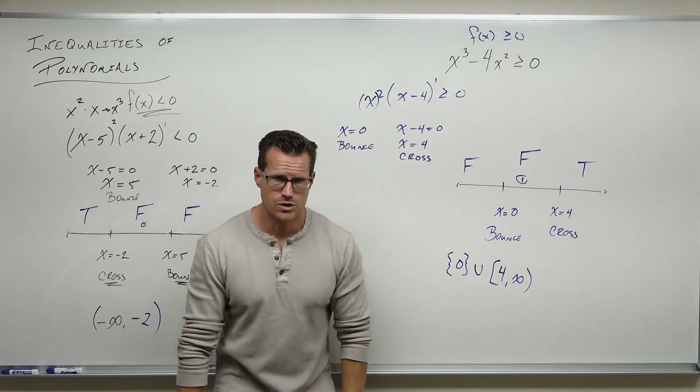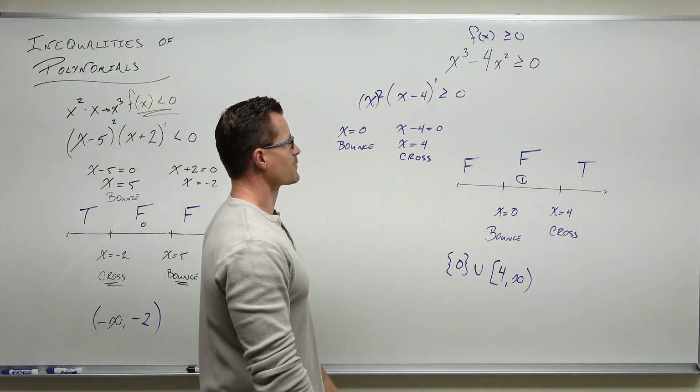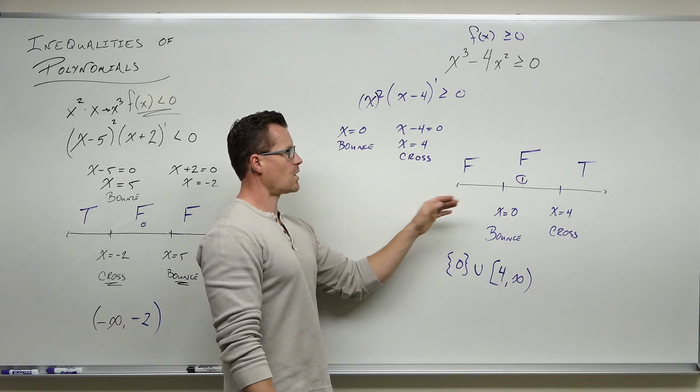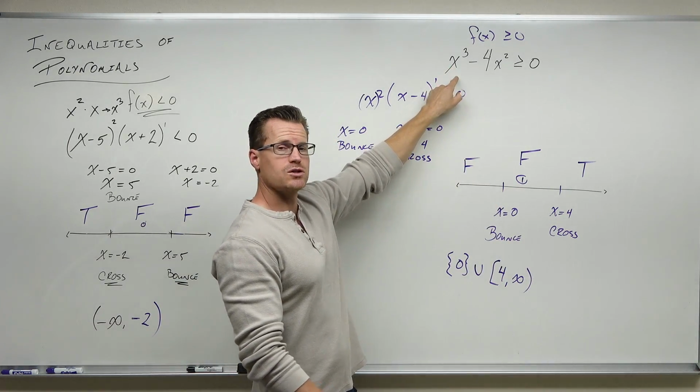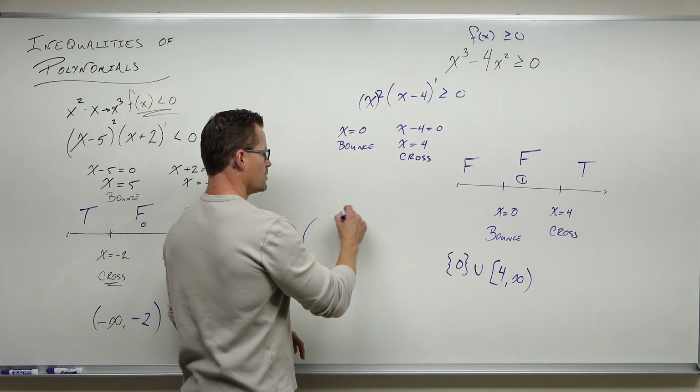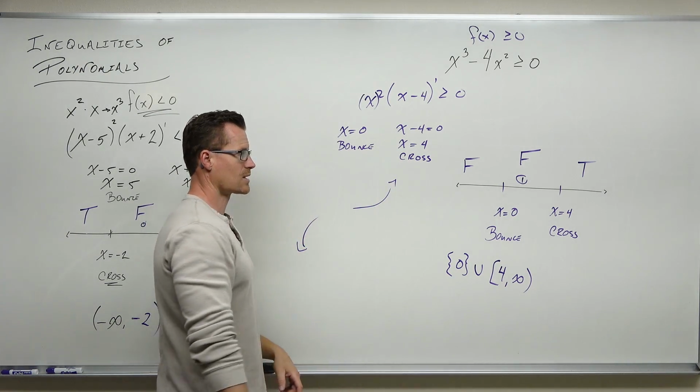Now, the graphical approach to it. If we did this a little bit differently and said, hey, there's a bounce, there's a cross, I write everything exactly the same. I know that my leading term is x cubed. X cubed has an end behavior that looks like that.